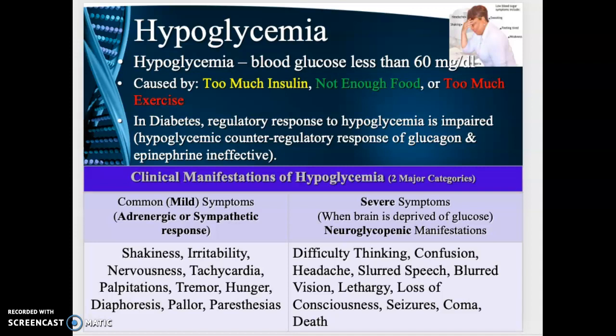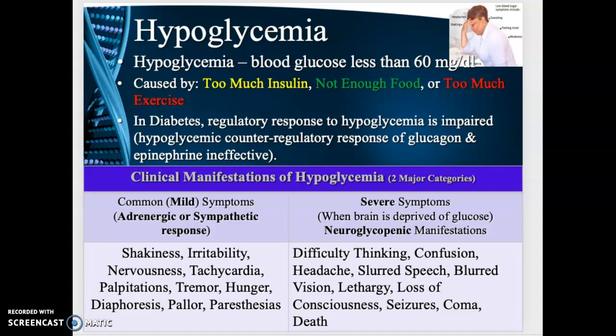They may have palpitations, tremor, hunger. They'll become diaphoretic, become pale, and maybe complain of paresthesia. These are all mild signs and symptoms of hypoglycemia. This is where the sympathetic nervous system, or the adrenergic response, has kicked in, and because of the epinephrine that's released, it causes them to be shaky and nervous and have palpitations.